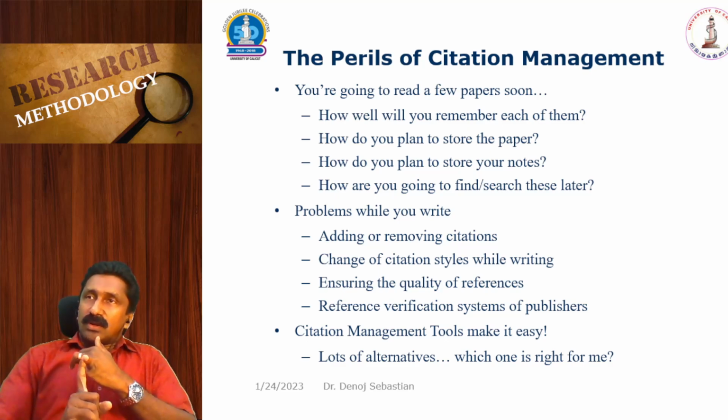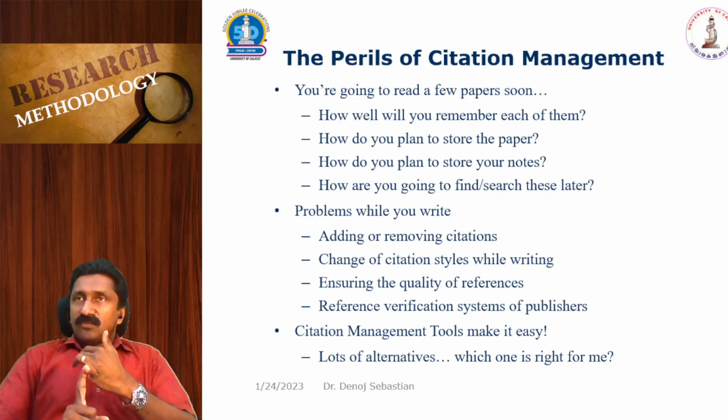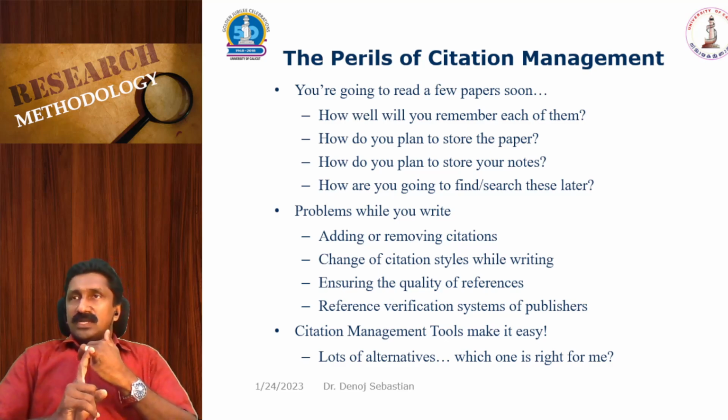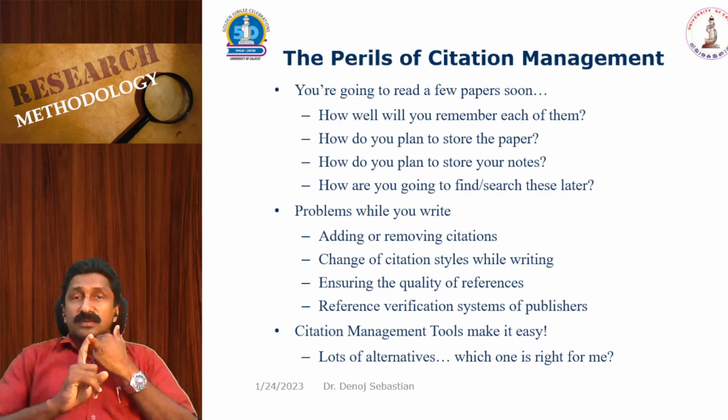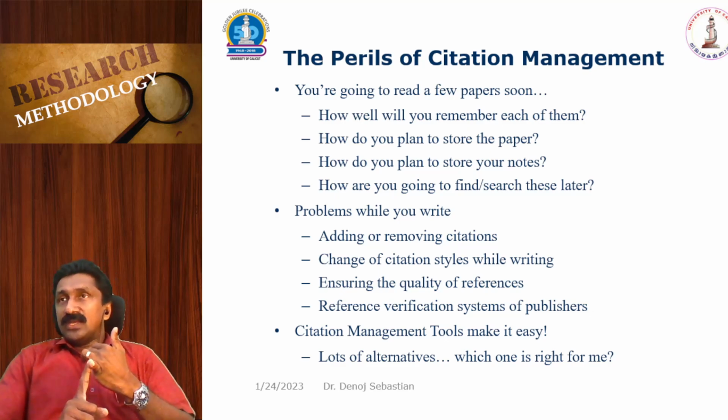Say you got 100 papers, most relevant papers in your area. You will read all of them. So how will you remember all of them? It is quite difficult because nowadays for every topic that many references or resources are there. You can't remember all of them while writing.